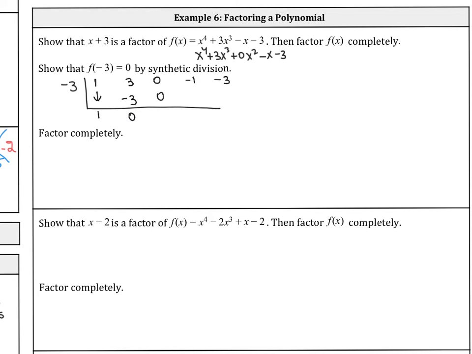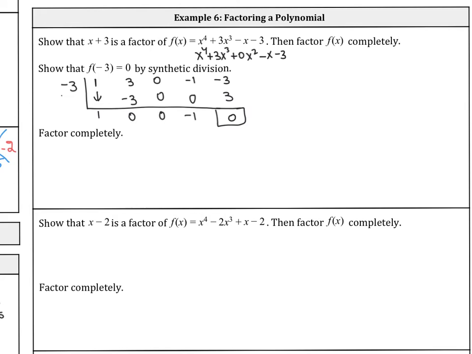So 0 plus 0 is 0. 0 times -3 is 0. -1 plus 0 is -1. And -1 times -3 is going to give us a positive 3. And then the remainder is 0.